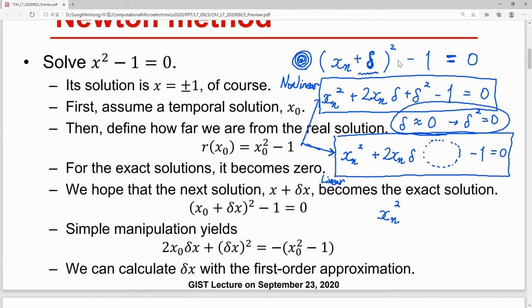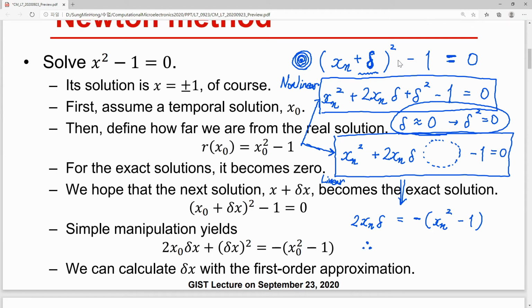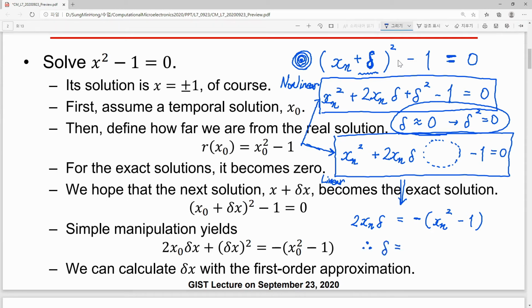Since our linearized system is linear, we can solve it. I mean that 2 times xn delta equals minus xn squared minus 1. So now we can find that delta equals xn squared minus 1 divided by 2 times xn, also having the global negative sign.